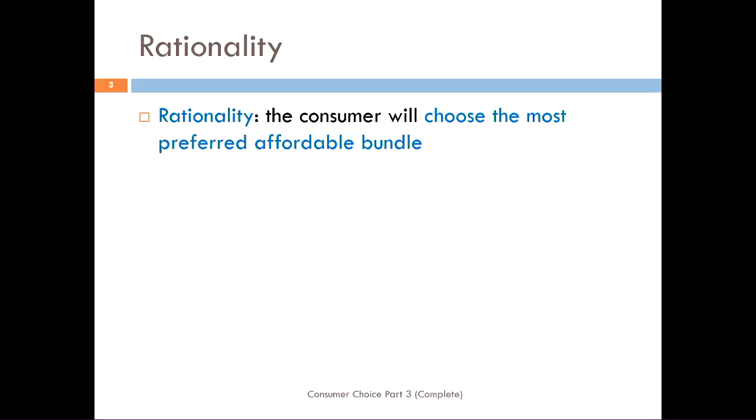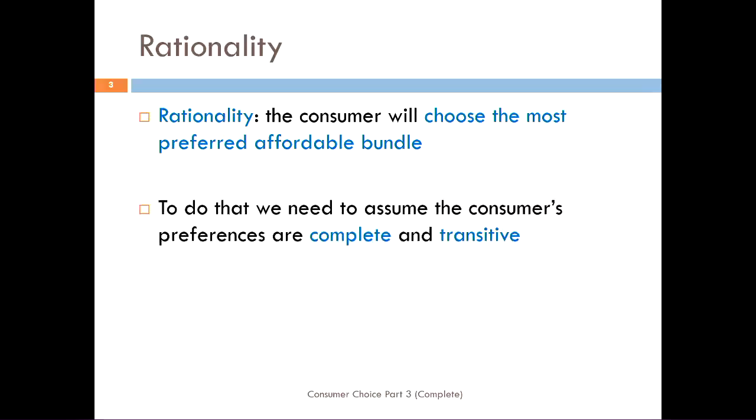Okay? Now, putting this in terms of our preferences, that means we really only need the first two assumptions we talked about: completeness and transitivity. Now think about why that is the case. Remember, completeness says, for any two bundles, we have to be able to say that either you prefer A to B, or you prefer B to A, or you're indifferent between the two.